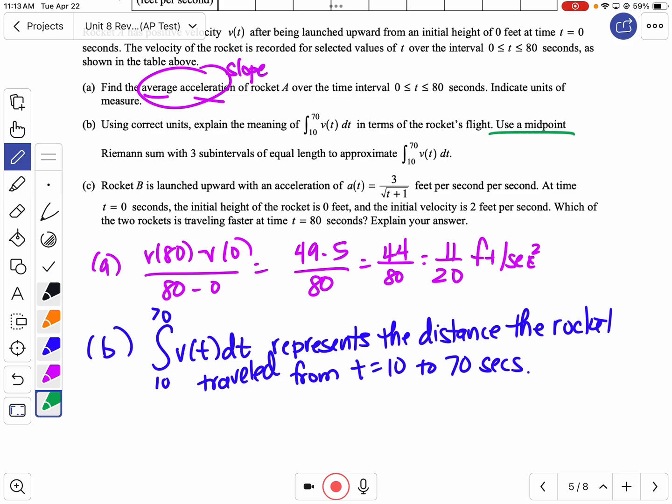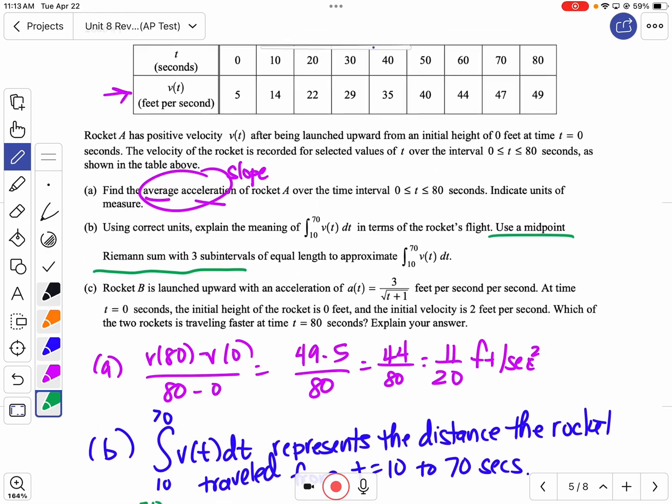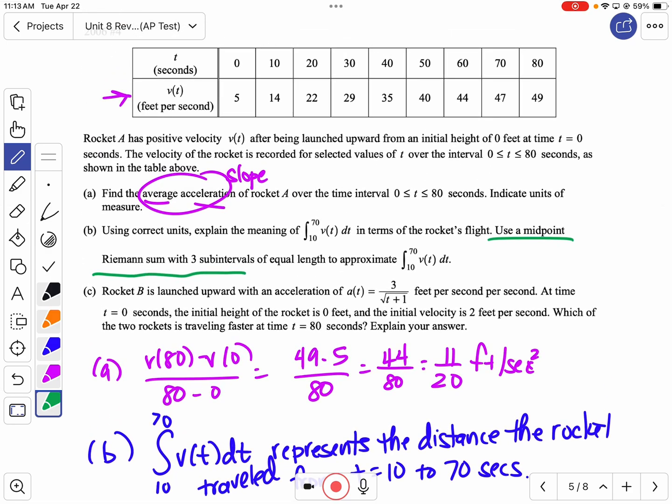And it says to use a midpoint Riemann sum with 3 subintervals, okay, to approximate it. So we want to find the integral from 10 to 70 of v of t dt. We're going to use a midpoint, right? And so to do that, let's go up here from 10 to 70, right? I only want 3 subintervals.